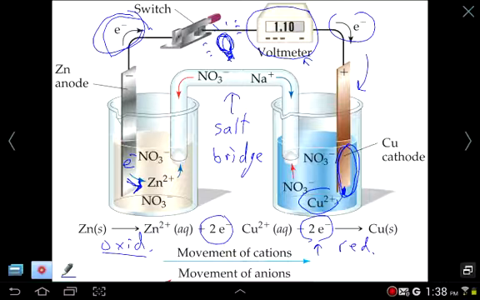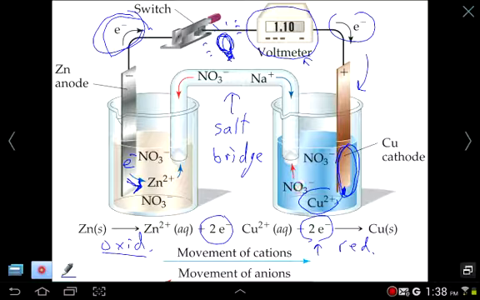So we have to replenish the beaker with fresh positive charges, and that's supplied by the sodium plus, which exists in the salt bridge. Likewise here, the zinc is becoming oxidized to zinc 2+, so we're constantly gaining positive charges. We must balance that out by the nitrate from the salt bridge.